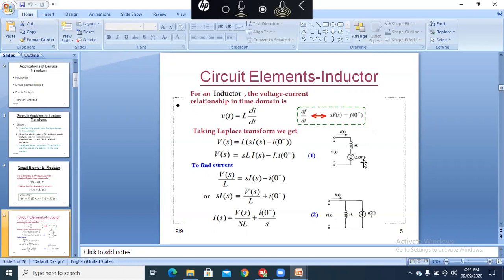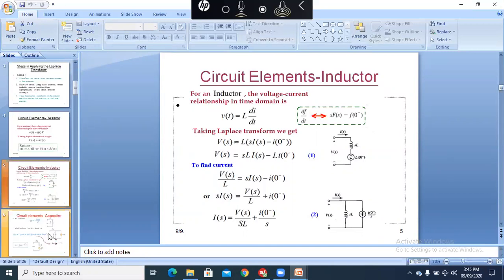So you can understand that we can have the voltage across the inductor in this form, and the current across the inductor is divided across these two elements, right?